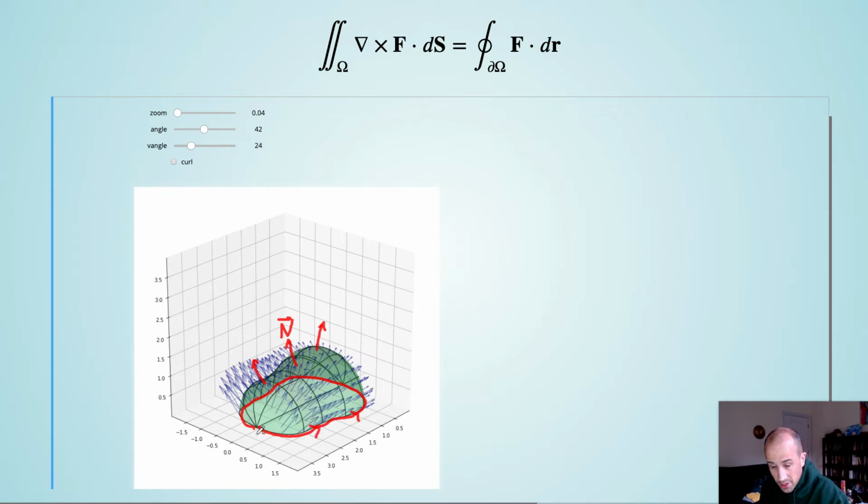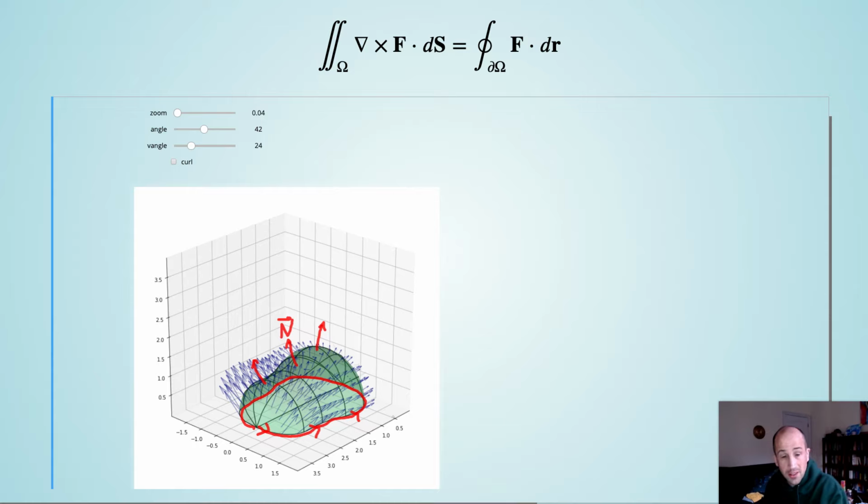Now it's kind of hard in words sometimes to describe which way you choose to orient the boundary. But if we appeal to our old friend the right-hand rule, that's a good way to think about it. If I curl my fingers in the direction of the boundary, my thumb should point in the direction of the orientation of the surface.